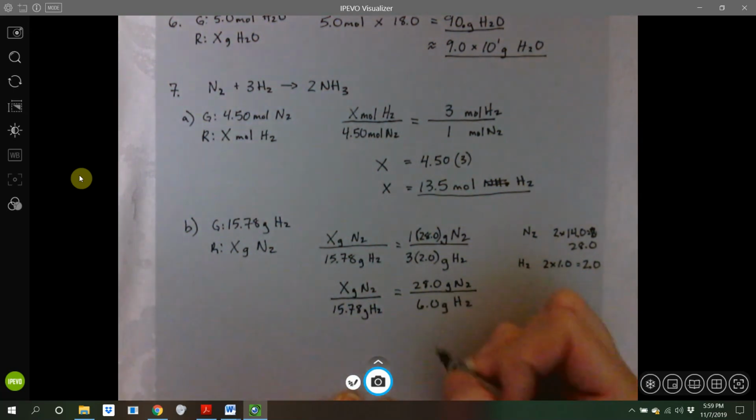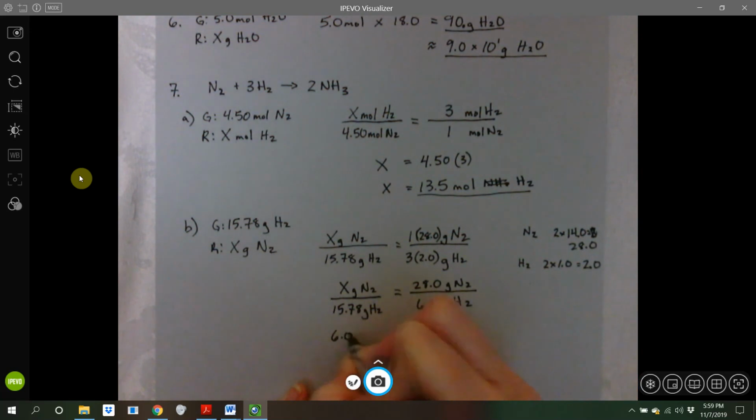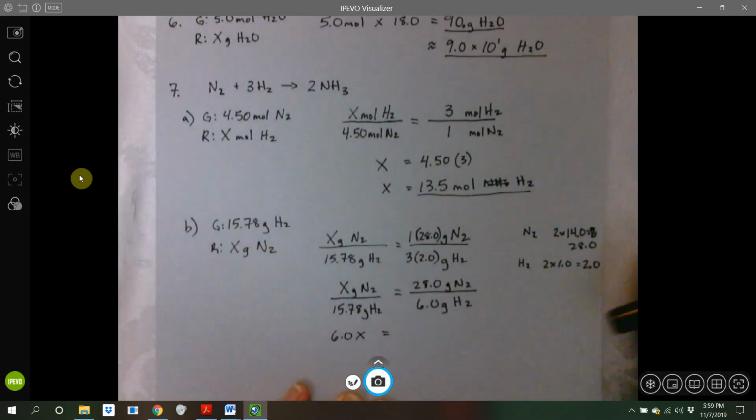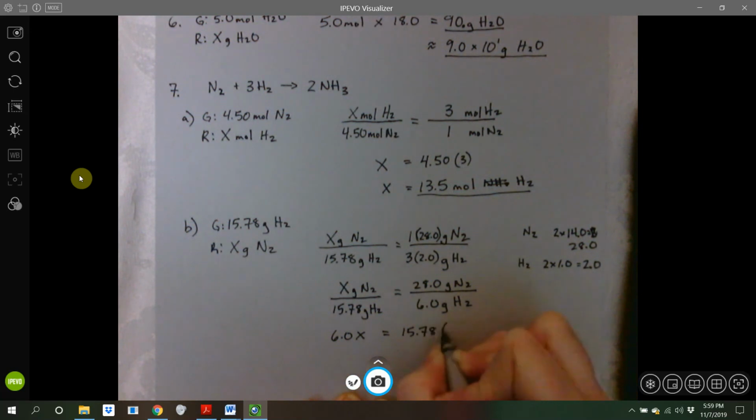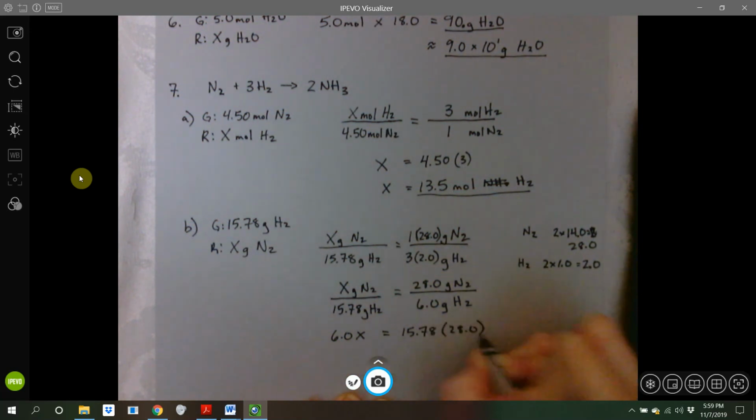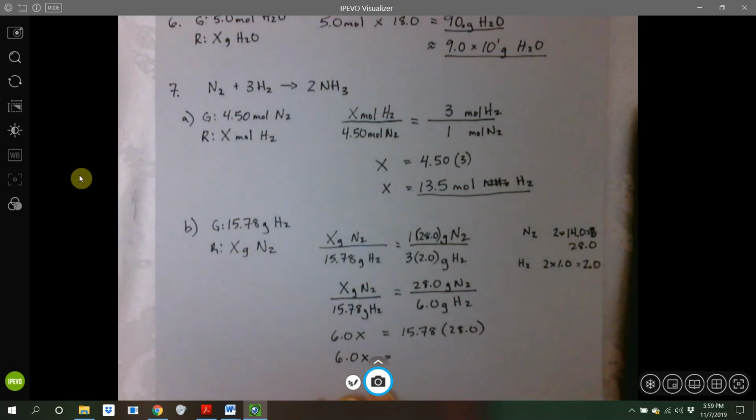And then we cross multiply and divide, so we'll have 6.0x equals, and I'll multiply 15.78 by 28.0. So let me write that out so that we have that. 15.78 times 28.0 gives us 441.84.